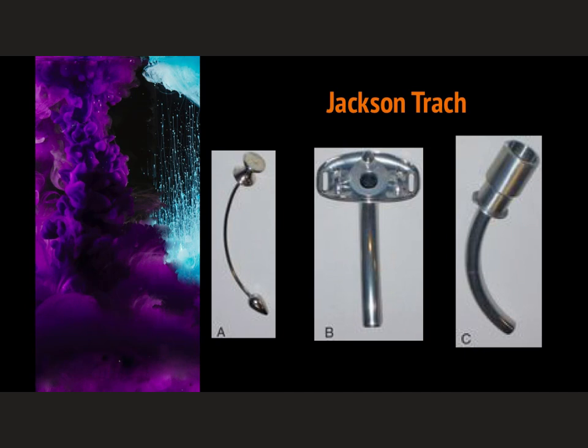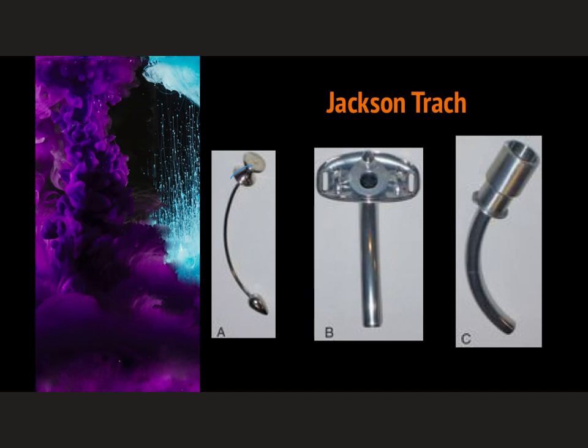So clearly it's non-disposable. So you have a picture here. This is the obturator with the rounded edge end. This is the outer cannula, the flange, and then you have the inner cannula that is not disposable.